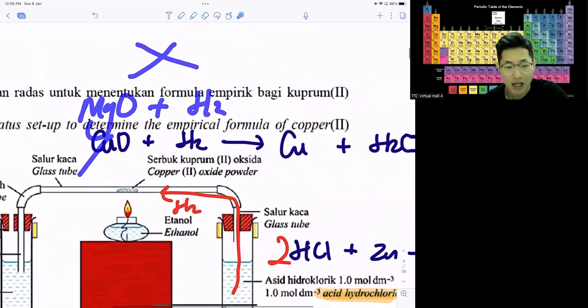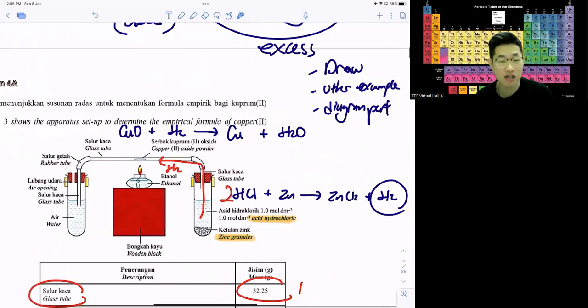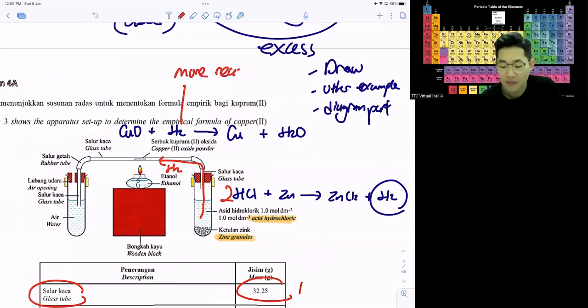Because in this reaction, what the hydrogen does is, the hydrogen will steal away people's girlfriend. Okay, if you want to steal away people's girlfriend, you must be very handsome, you must be better, right? So that means more reactive. Hydrogen can steal people's girlfriend because it's more reactive.